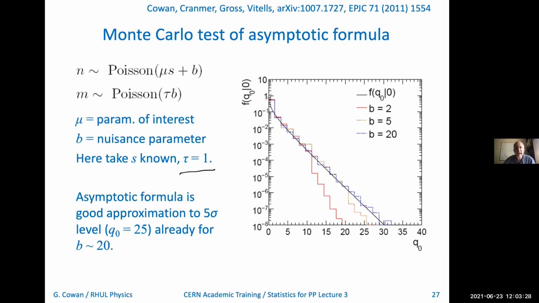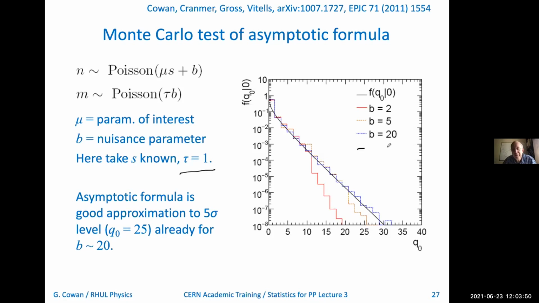And what you can't see here is the delta function at 0, but it's there as well. And then what are shown as the histograms are the distributions of the statistic from Monte Carlo, right? So there's no asymptotic approximation involved there, so these are exact in that regard. And these use different values for b: 2, 5, and 20.